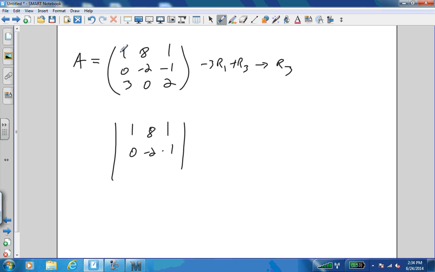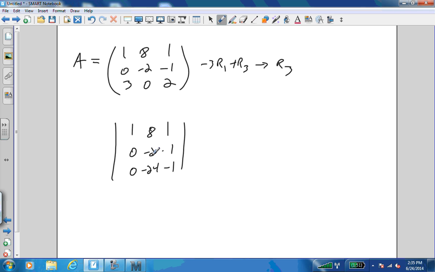If we do negative 3 plus 3, we get 0. Negative 3 times 8, that's negative 24, 0, so negative 24. Negative 3, 2, negative 1. That doesn't change the value of our determinant during that elementary operation, so if we can get a 0 here, we can use our diagonal product.